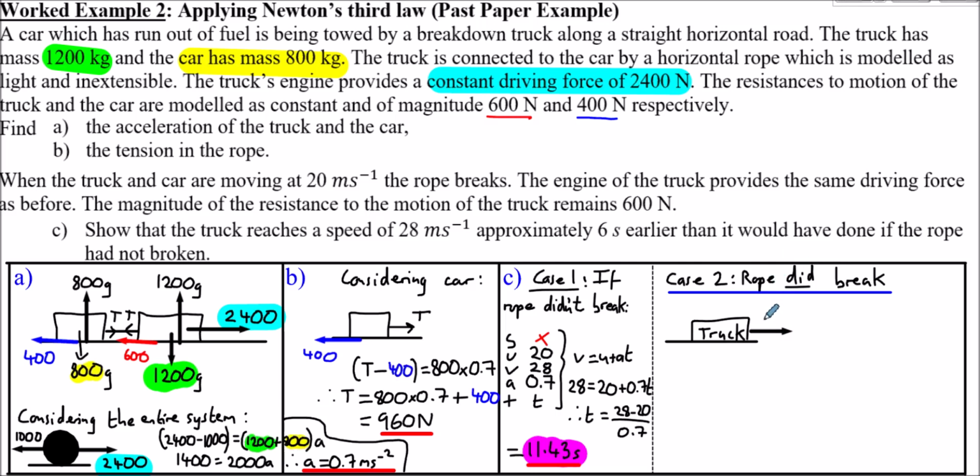However, the forces acting against the motion would be lessened. Whereas before there was this tension force, when the rope breaks, that tension force will have disappeared, and the only thing resisting the motion on the truck will be this 600 newtons force.